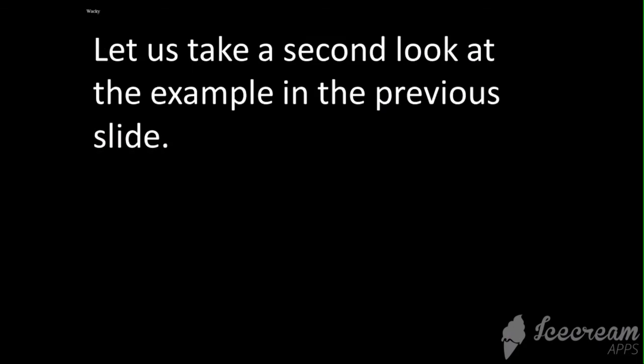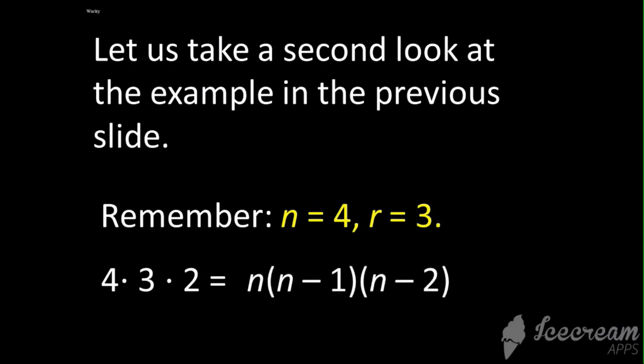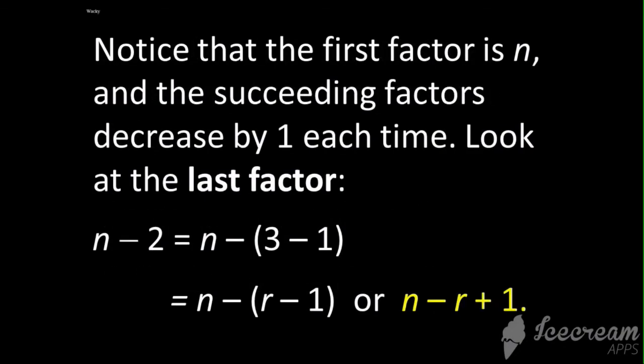Let us take a second look at the example in the previous slide. Remember, n equals 4 and r equals 3. 4 times 3 times 2, and that is equal to n times the quantity n minus 1 and times the quantity n minus 2. Notice that the first factor is n and the succeeding factors decrease by 1 each time. Look at the last factor. So n minus 2 is equal to n minus the quantity 3 minus 1, so that is n minus the quantity r minus 1, or when we simplify, that is n minus r plus 1.